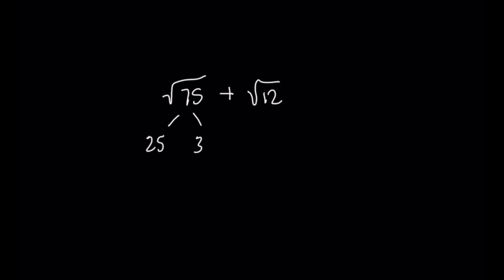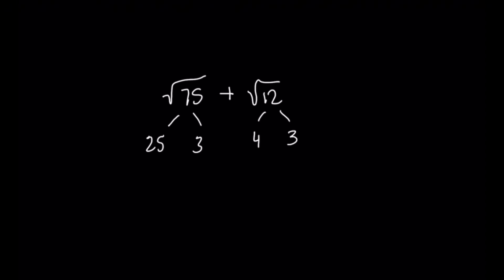And then let's do the square root of 75 plus the square root of 12. So here we can tell that we can simplify these numbers, because even though they're not the same, we can simplify these numbers to get them smaller. So for 75, we can see that it can be 25 and 3. And then for 12, we can see it's 4 and 3.